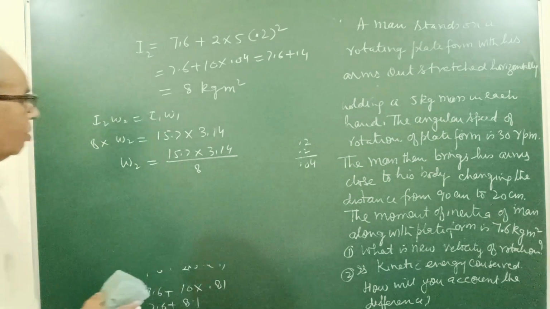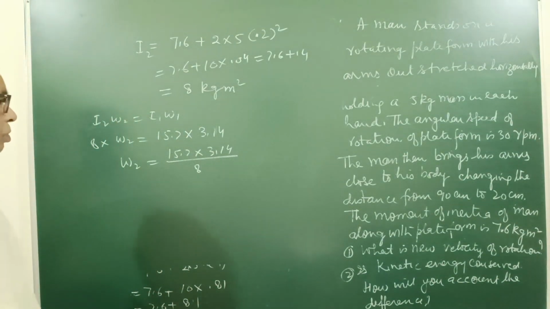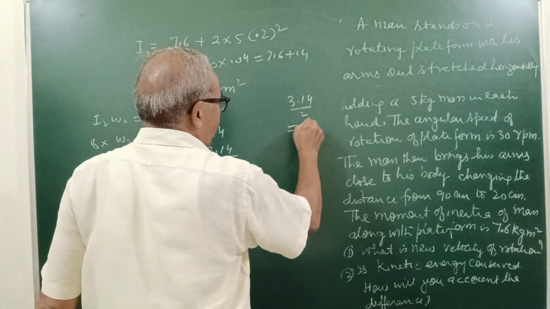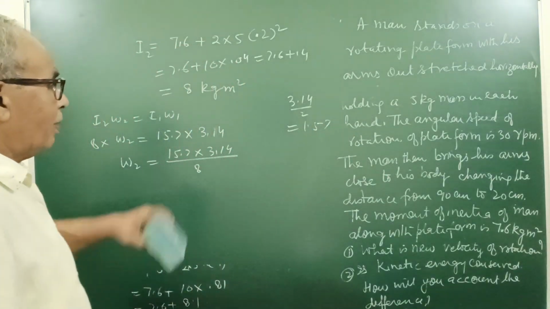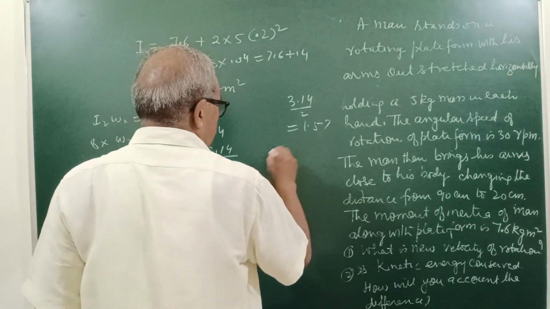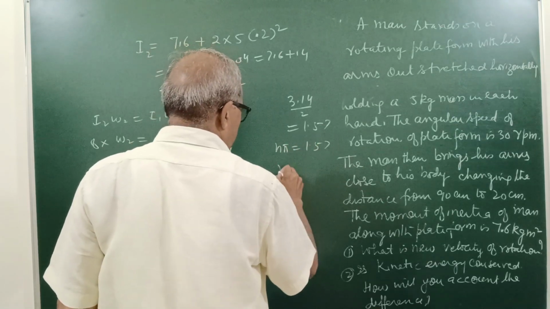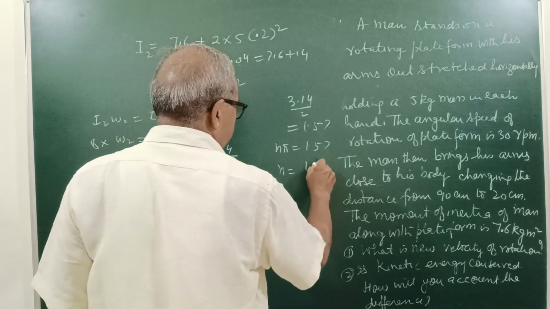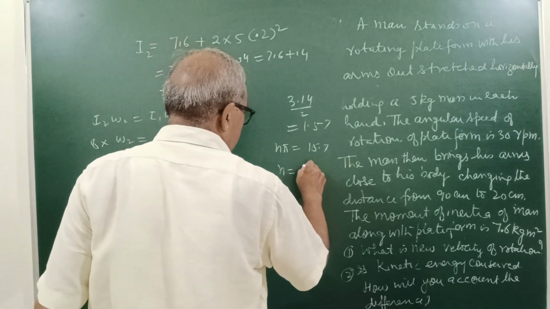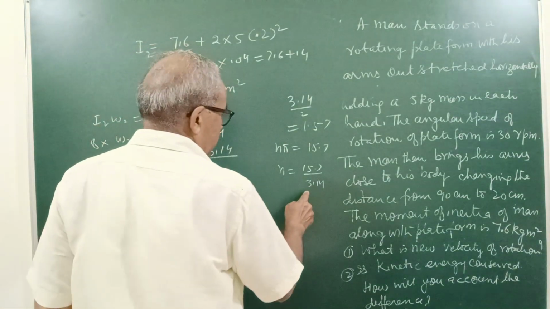And this is 5 pi in fact. Pi is 3.14, divided by 2 gives 1.57. So 15.7 upon pi 3.14, how many times? 5 times.